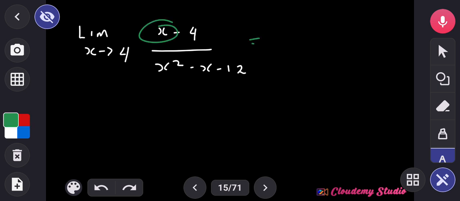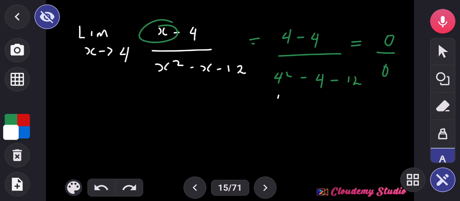You know that's going to give us what? That's going to give us 4 minus 4 divided by 4 squared minus 4 minus 12. And that's going to give us 0 divided by 0, because 4 squared equals 16, and 16 minus 4 minus 12 equals 0.